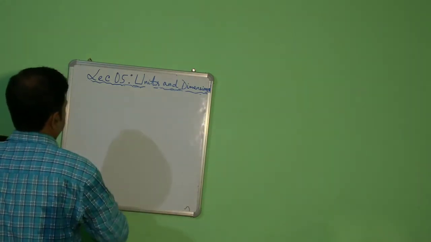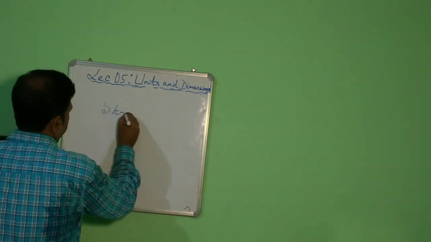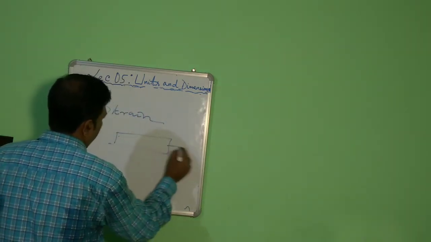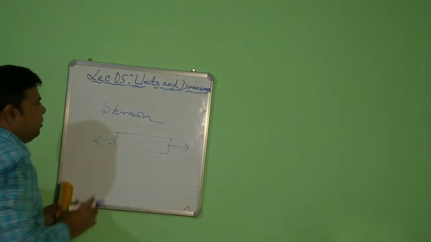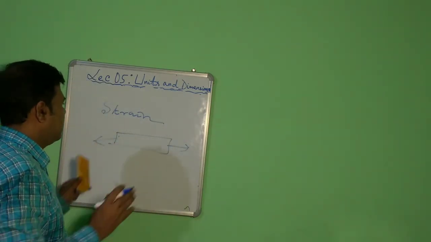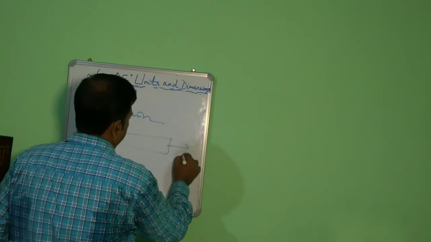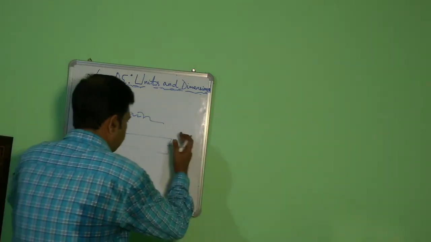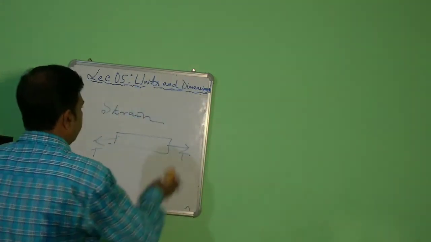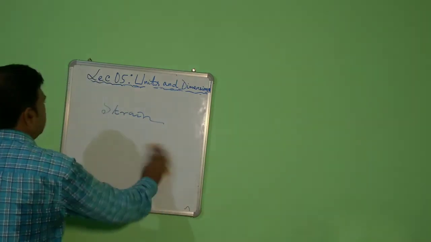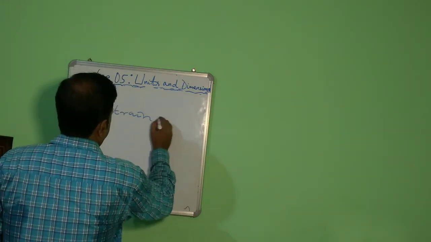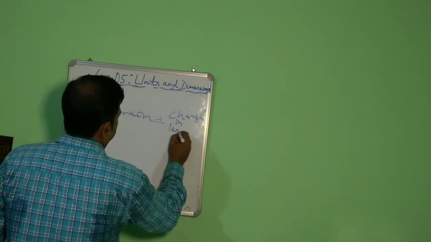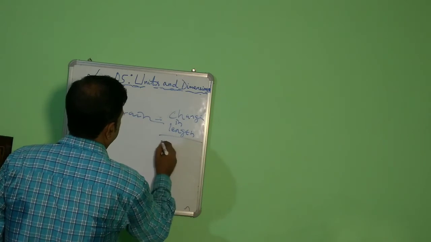Then suppose strain. When an elastic body is subjected to some force or tension, it gets elongated, and if it is compressed, its length decreases. So strain is defined, as you will study in the later chapters, as change in length divided by original length.